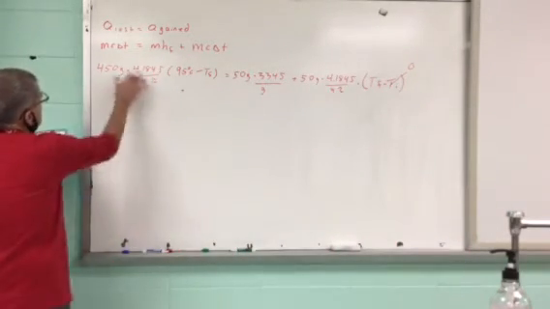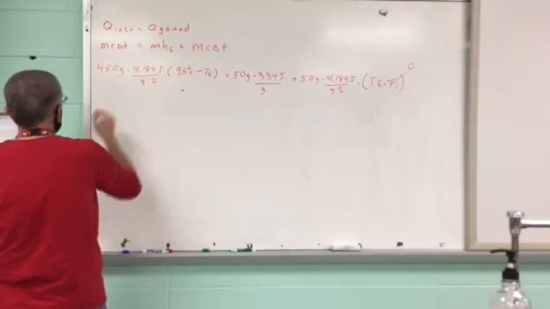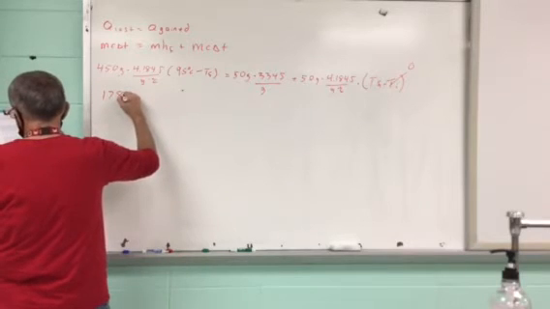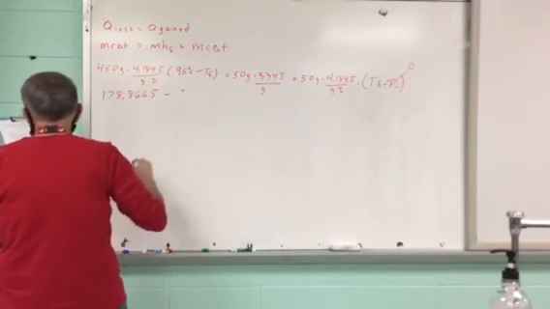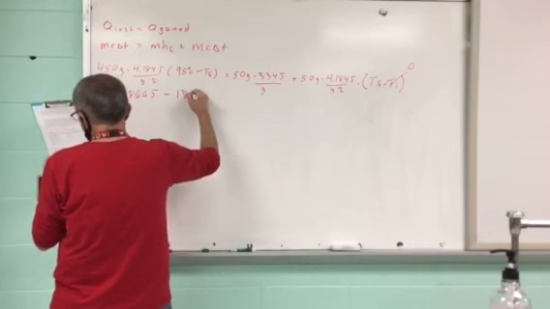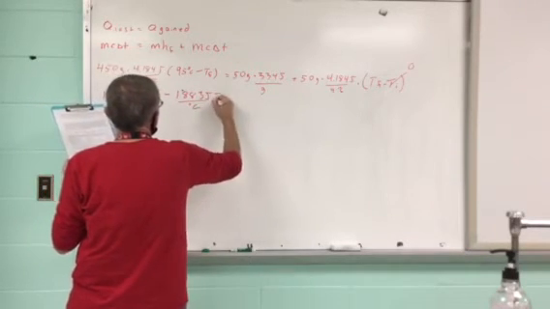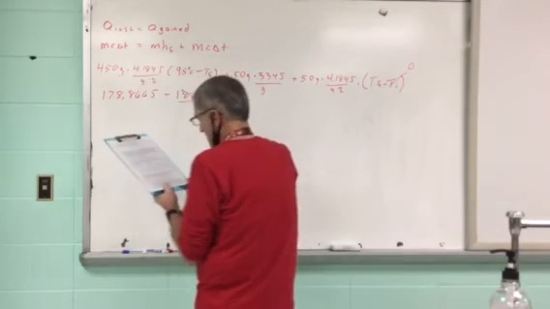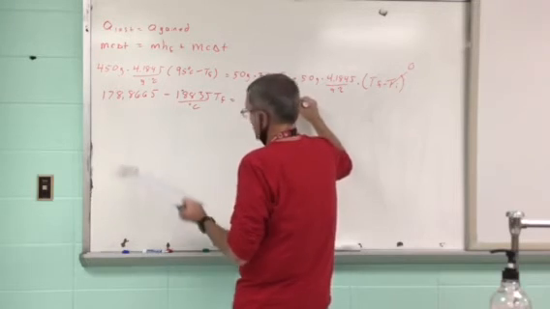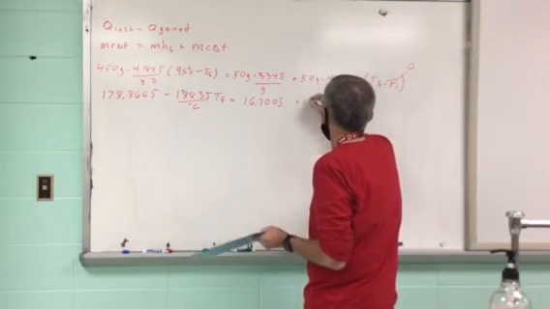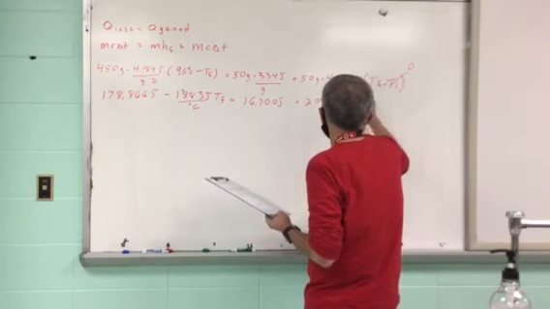So doing the mathematics, these units cancel out, degrees Celsius and grams cancel out here. So we're left with 178,866 joules minus 1,883 joules per degree Celsius times TF equals 16,700 joules plus 209.2 joules per degree Celsius times TF.